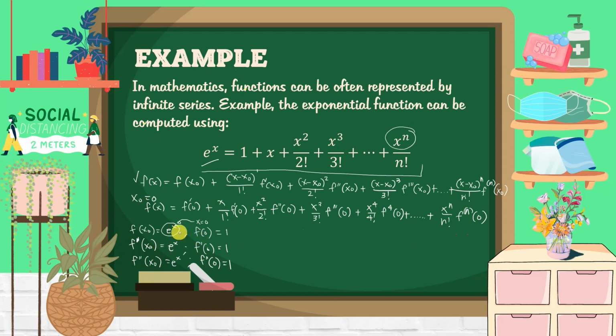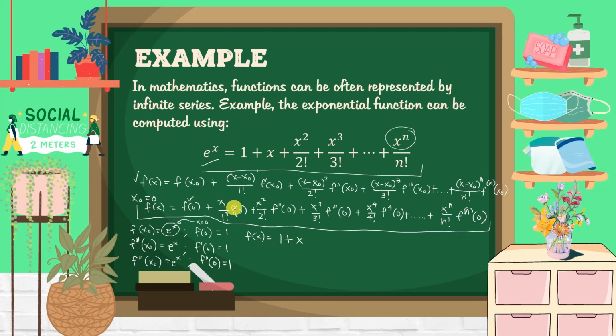So, substituting the values into this function, we have f(x) equals f(0), which is 1, plus x over 1 factorial. 1 factorial is simply 1, so we have here x.